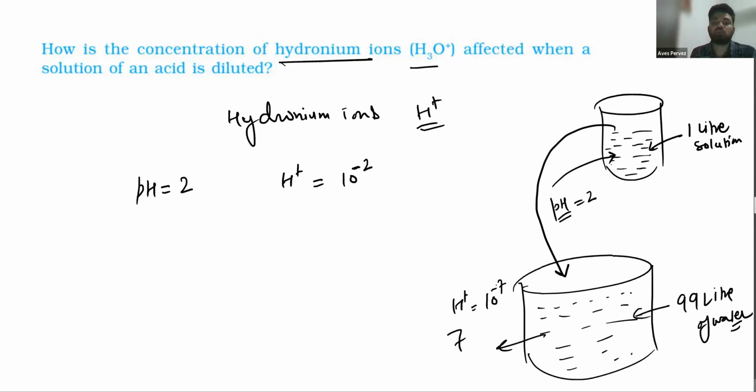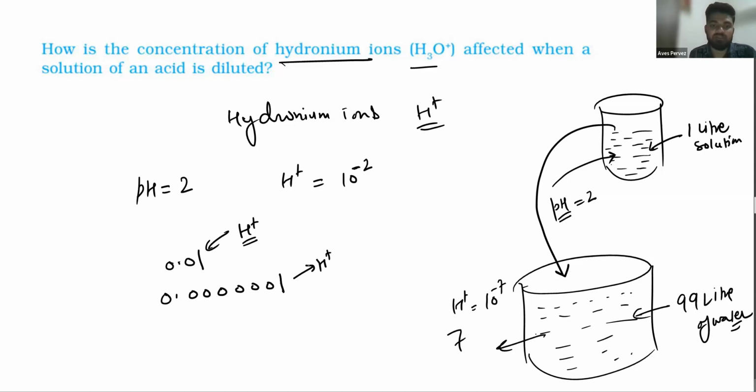So 0.01 is the hydrogen ion concentration of this one, and we have to add only the 10 raised to the power minus 7 of water.